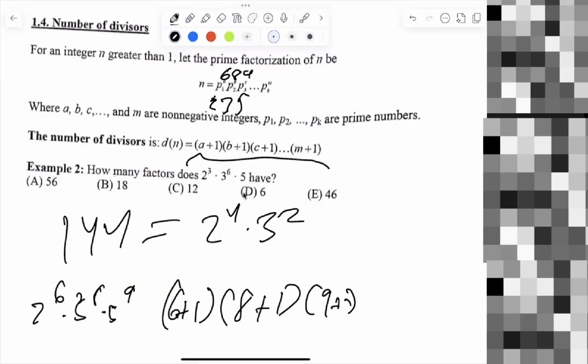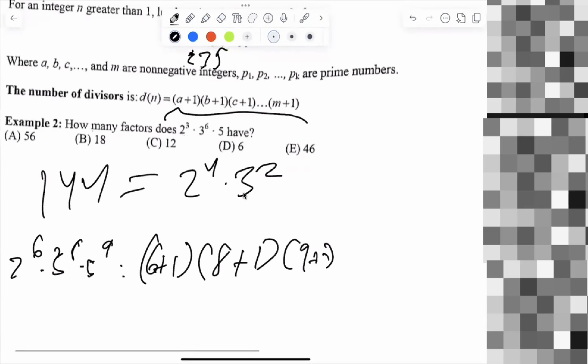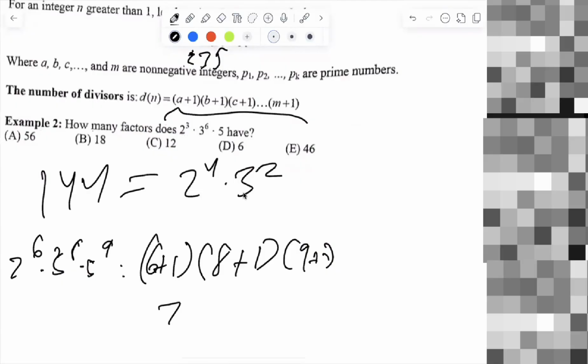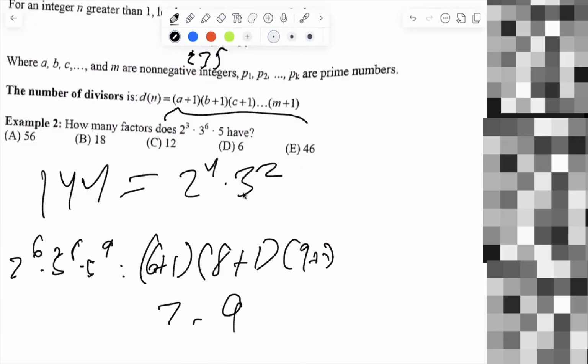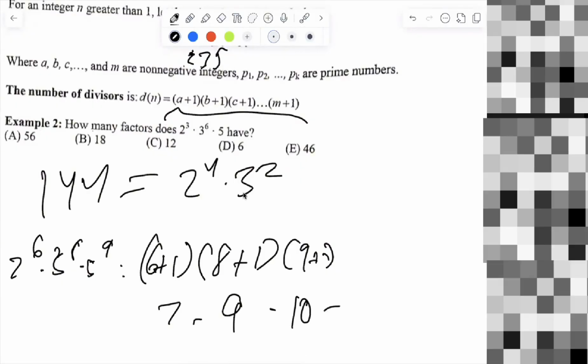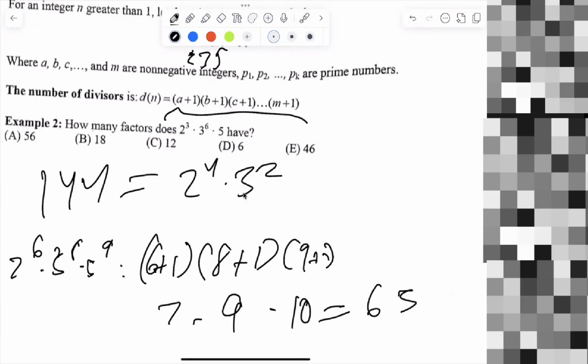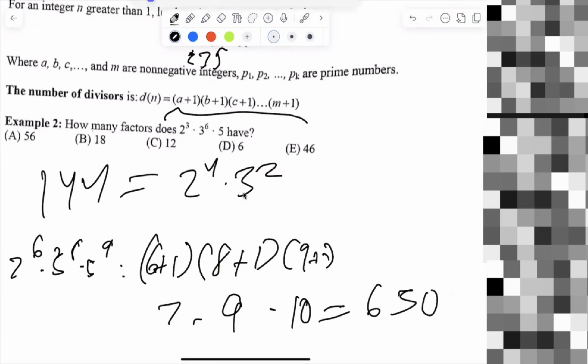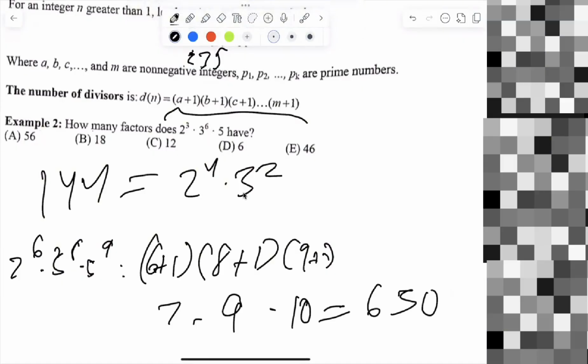Well, okay, from here, what's 6 plus 1? It's 7. 8 plus 1, 9. 9 plus 1, 10. Multiplying this all out gives you 630 factors. So in this case, there's 630 factors.